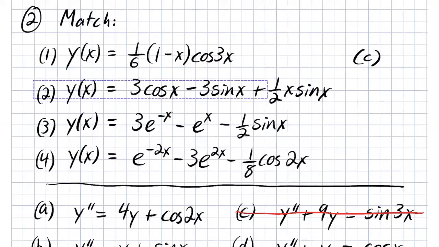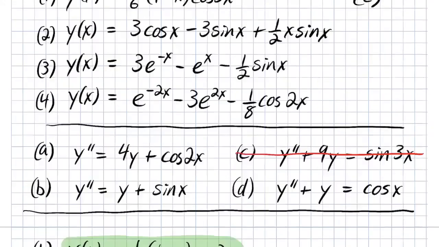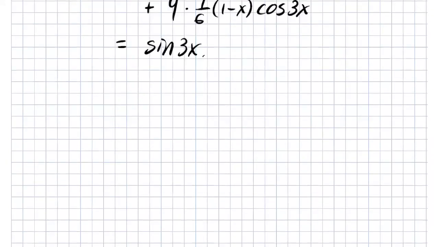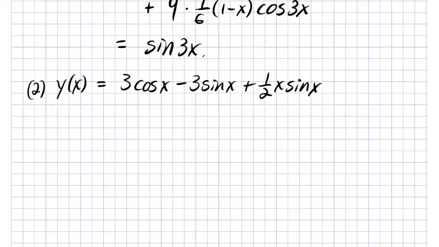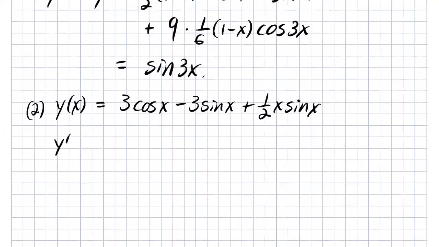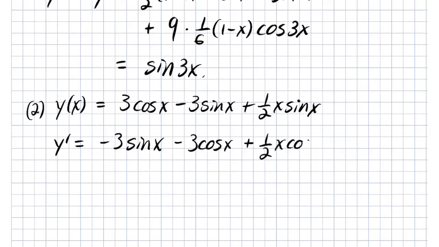So now we have number 2. All right, we'll take the derivative of this twice. So we have -3 sine x, -3 cosine x, and then plus 1/2 x cosine x plus 1/2 sine x.